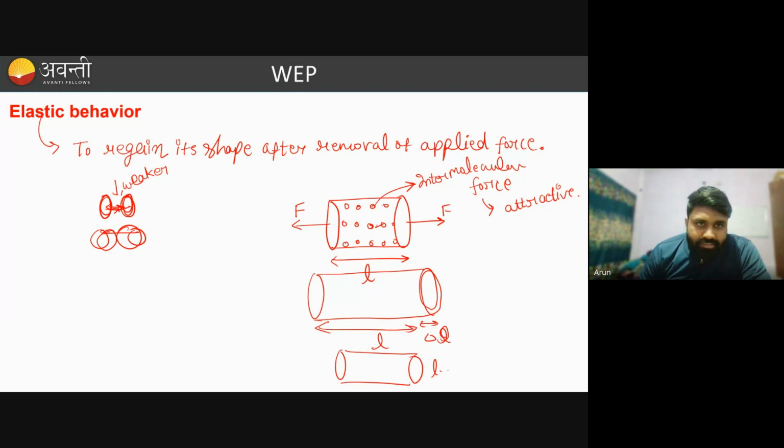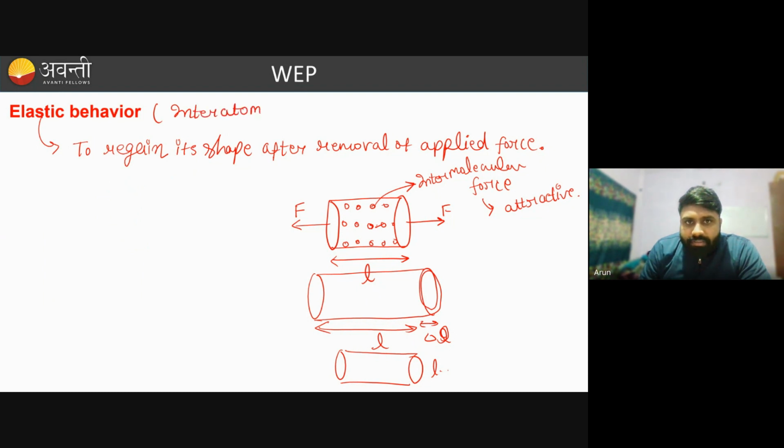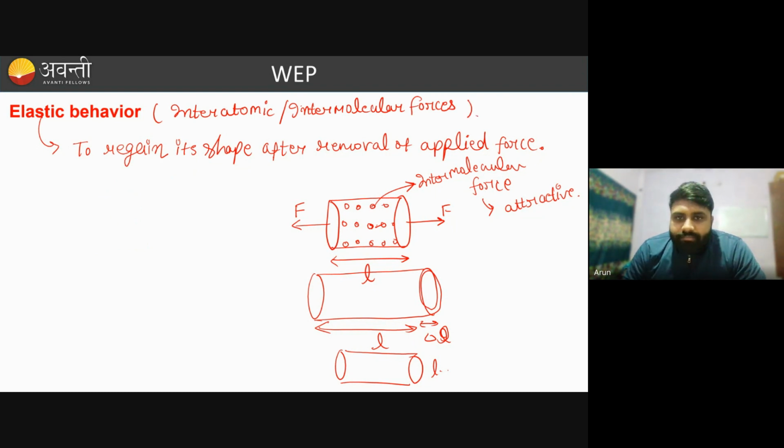Okay, so this elastic behavior is because of interatomic/intermolecular forces. Got it? So this is it for elastic behavior.